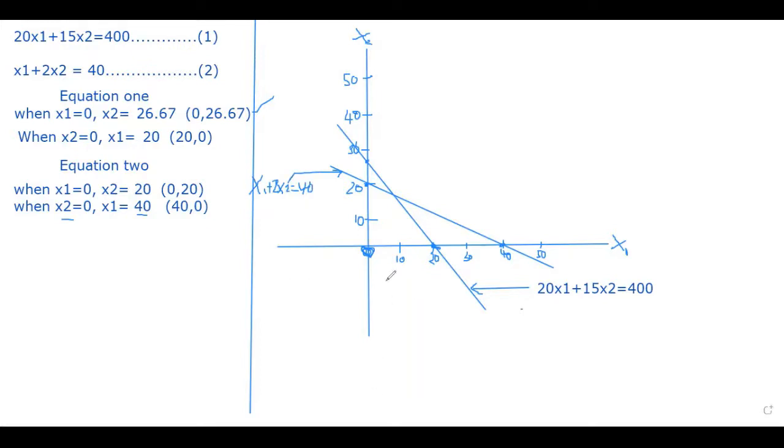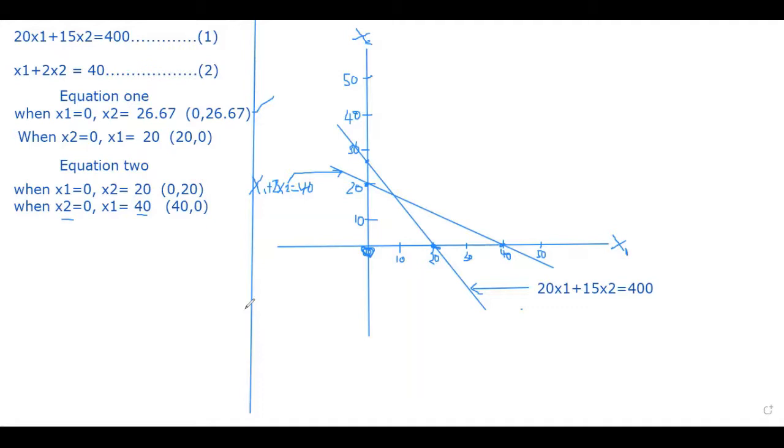Now we are learning how to use the graphing system to solve for the values of x1 and x2. How do you know the values? When the decision variables are 2, and you are solving under equalities, not inequalities. Equalities are when we use the equal to sign.